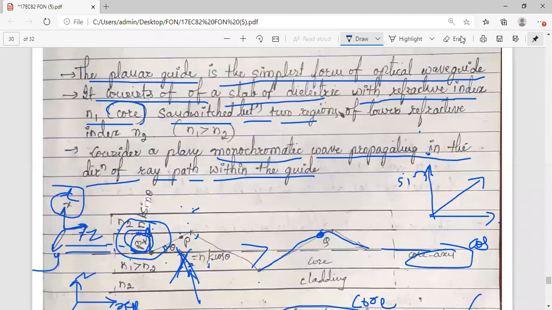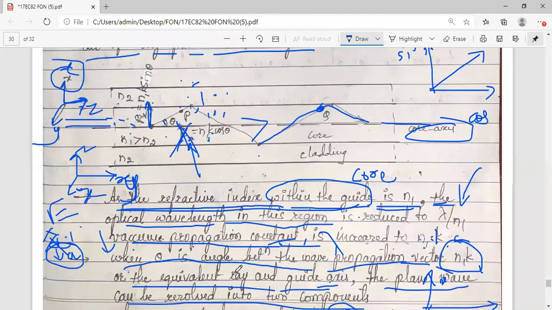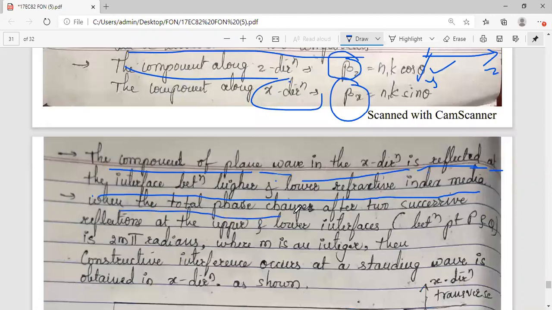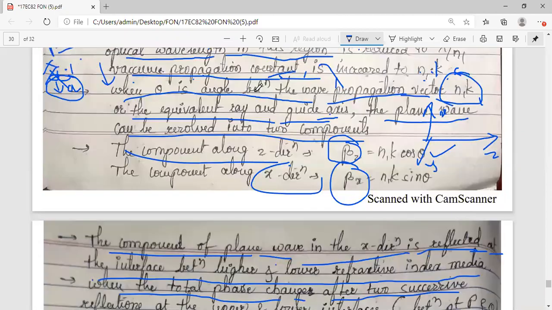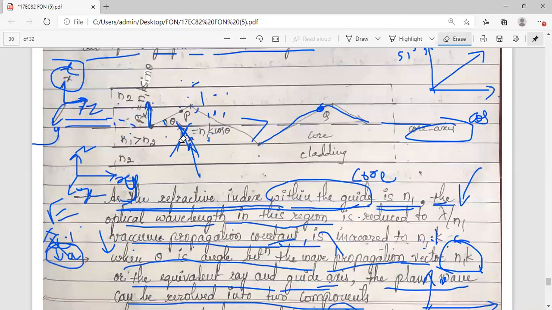So what is that higher and lower refractive index? This component we have resolved will reflect between these two. This is your lower, this is your higher, cladding and core. Consider the total phase change after two successive reflections at the upper and lower interfaces, that is, between the points P and Q. Whenever a wave travels, after two successive reflections, when two total internal reflections occur, you can count it here.